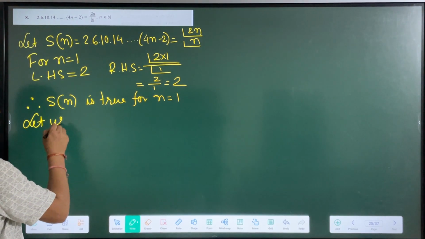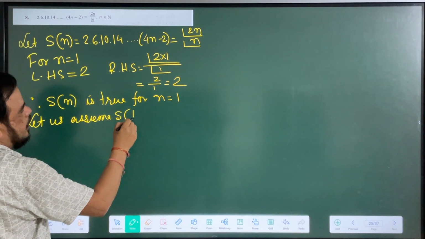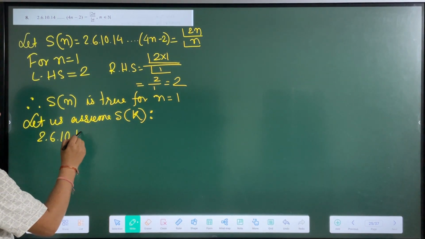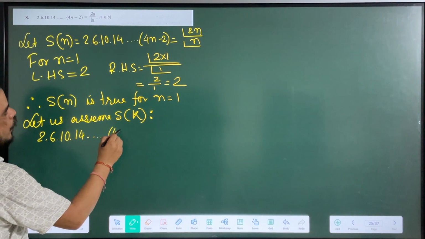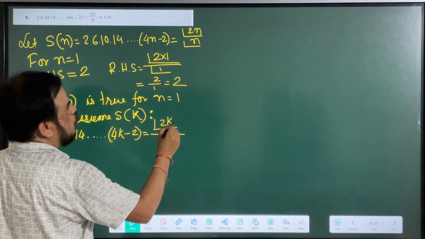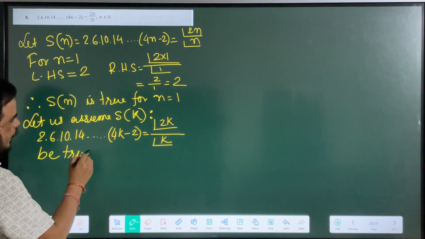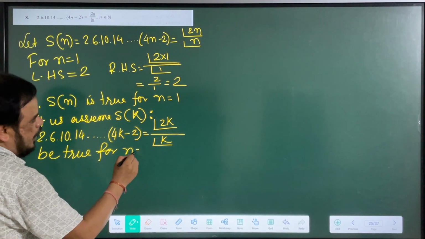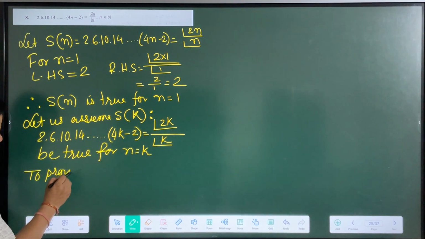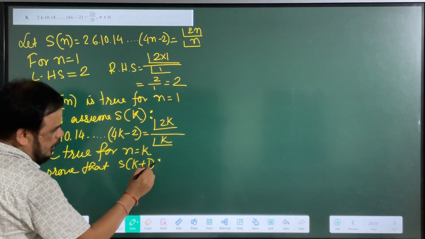Let us assume Sk: 2, 6, 10, 14, up to 4k minus 2 is equal to factorial 2k by factorial k be true for n equals to k. To prove that Sk plus 1, what is k plus 1?